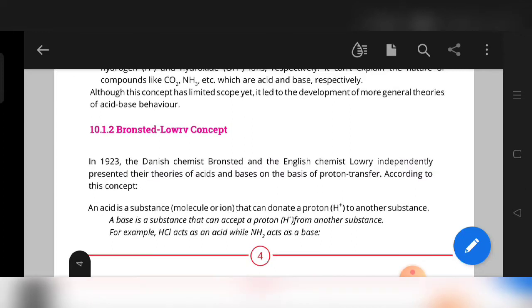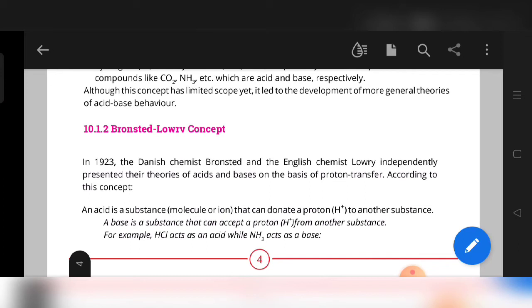Starting from here, in 1923, the Danish chemist Brønsted and the English chemist Lowry independently presented their theories of acids and bases on the basis of proton transfer.